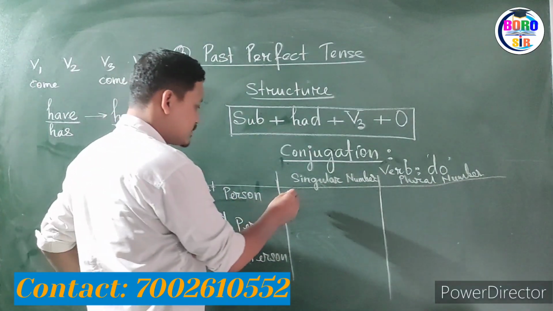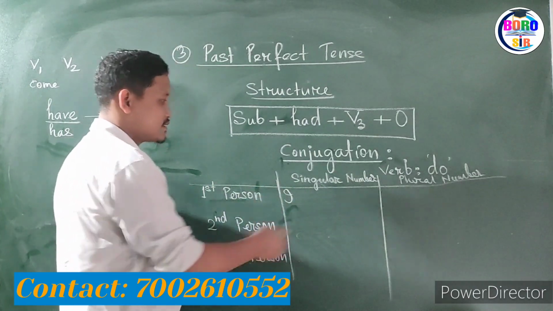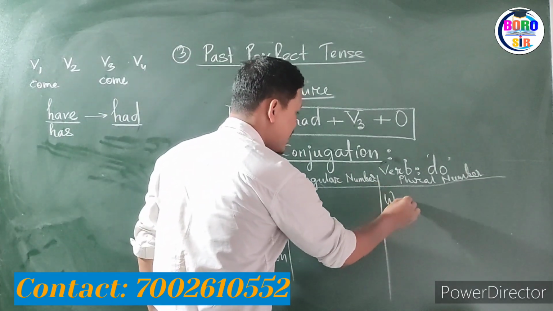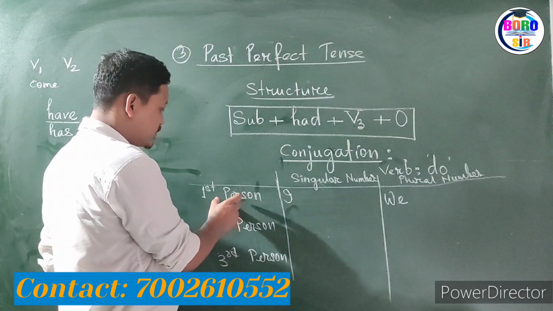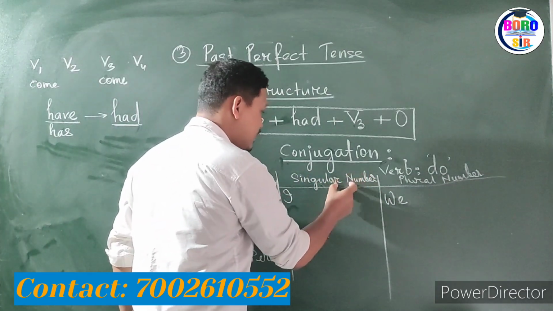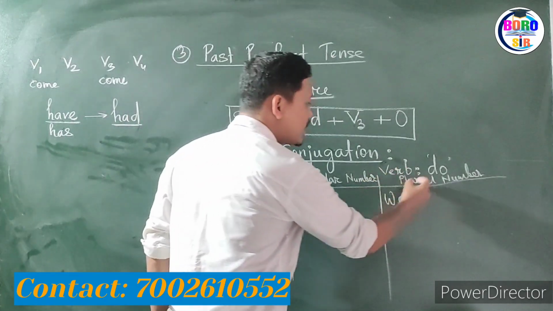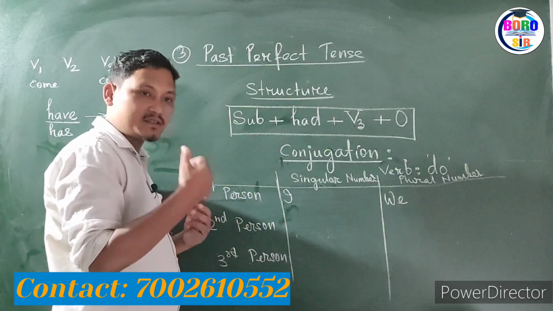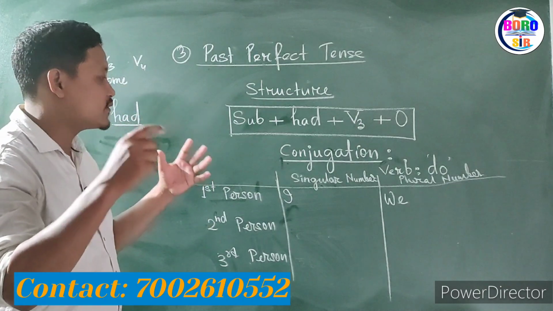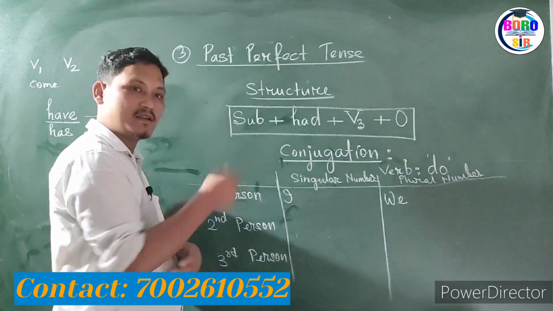First person singular is I. Next, plural, we. The singular number means only one person, and plural number refers to more than one person, right?